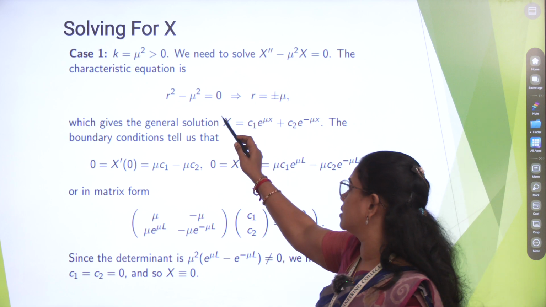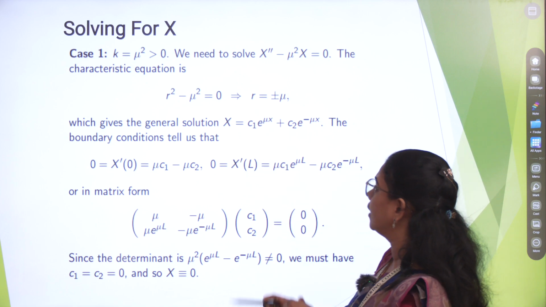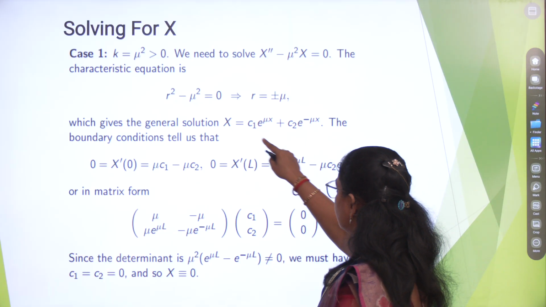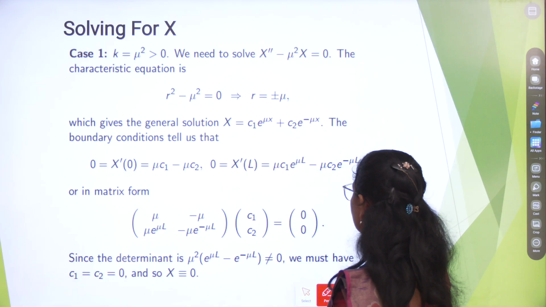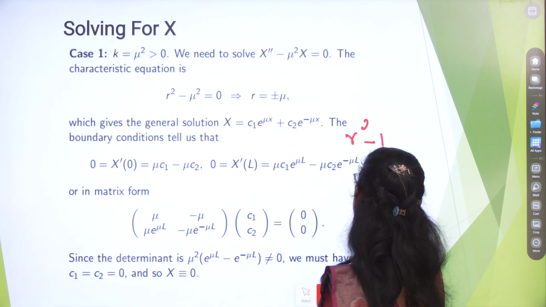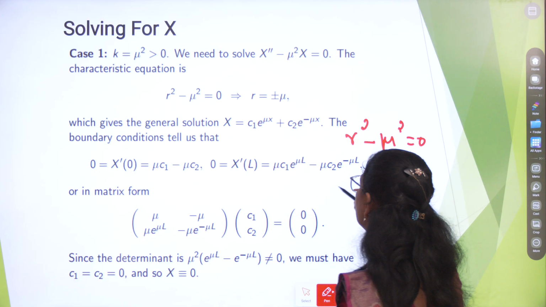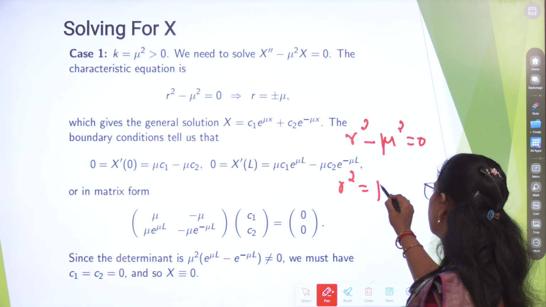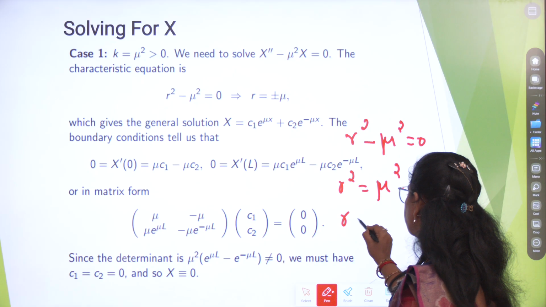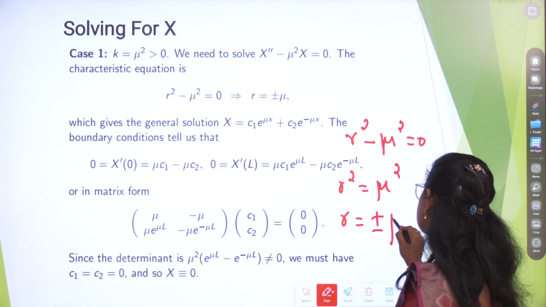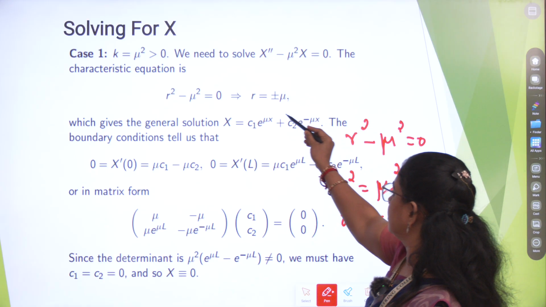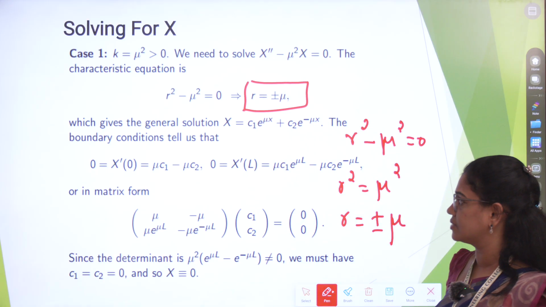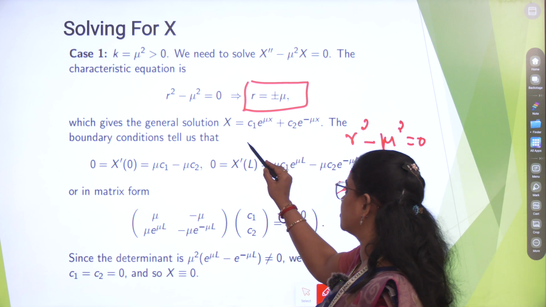So r squared equals mu squared, so r equals plus or minus mu. These are the roots of the characteristic equation, which give the general solution.